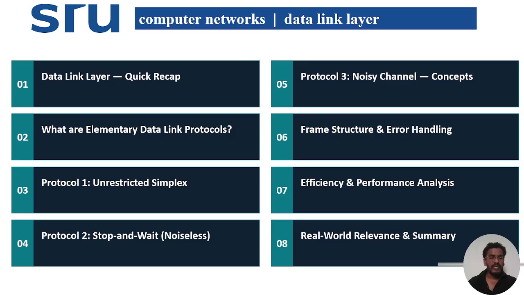In that, the simplex protocols have three categories: the unidirectional simplex protocol, the stop and wait noiseless protocol, and the third, the noisy channel protocol. Then frame structures and error handling methods, then efficiency and performance analysis. Finally, we will discuss real world relevance and a summary of today's discussion.